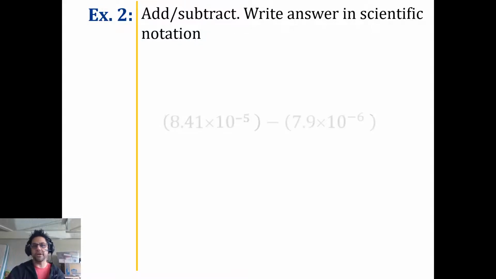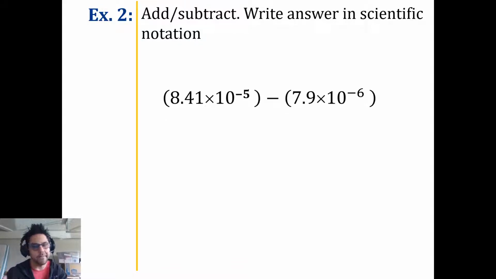All right, the next one, we're going to subtract really quick. Now remember, in order to add or subtract, we need to make sure that they both have the same power. So we're going to try method 1 again. Method 1 means change your smaller exponent into the larger exponent.